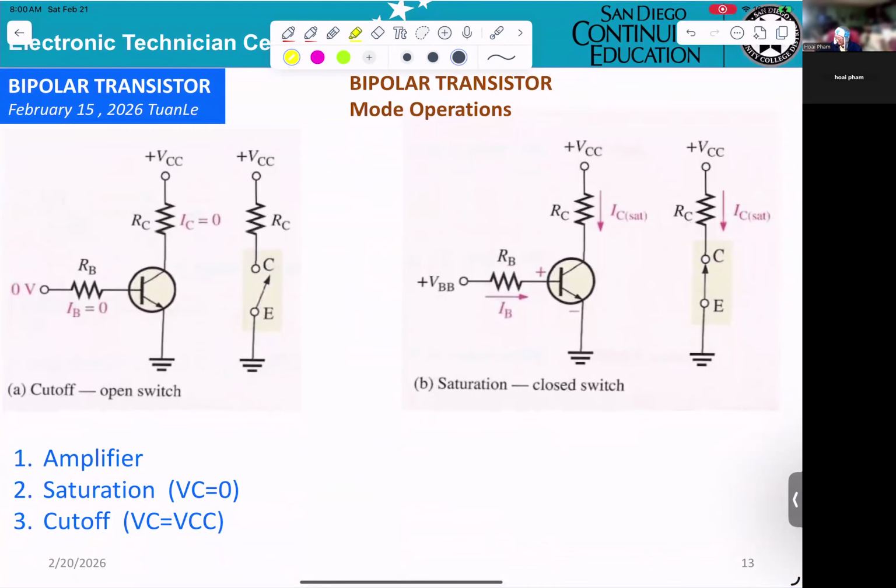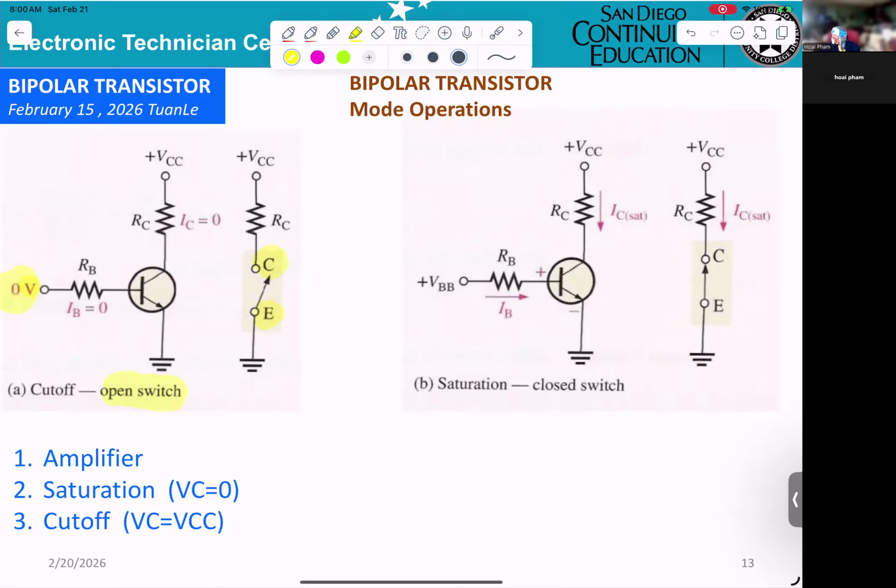Now, this is a cutoff. That means input 0. So that's why the transistor is cutoff, open. That's only telling you that from the collector to the emitter, it's an open switch. You see that?